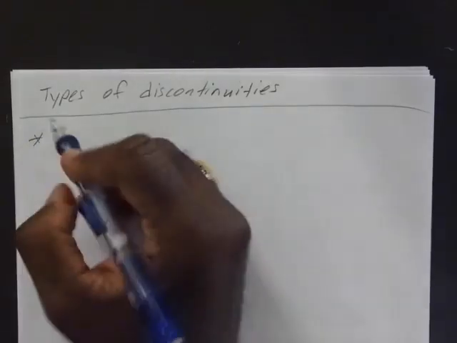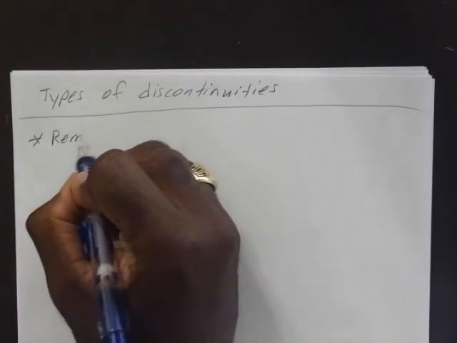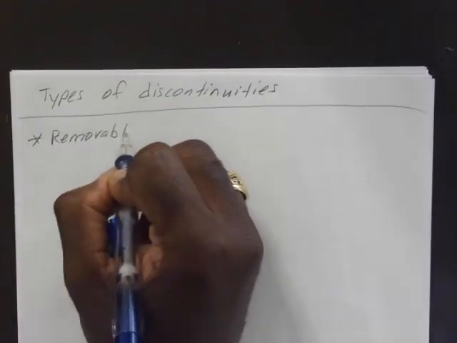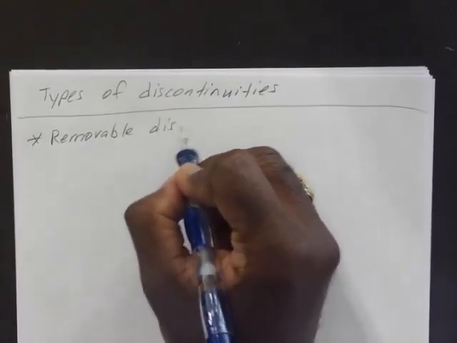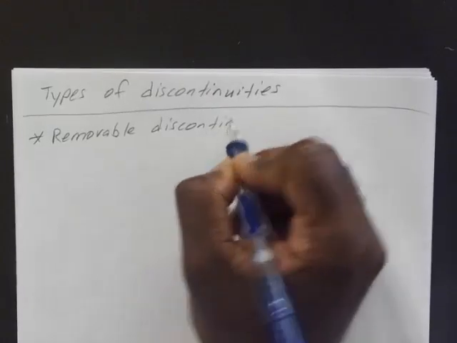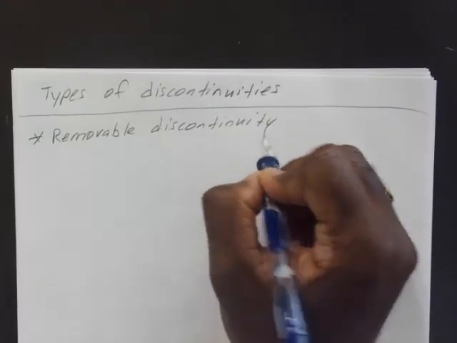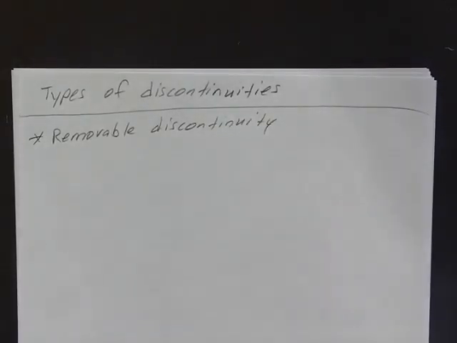Okay. So the first is a removable discontinuity. We kind of looked at that before. We were able to manipulate the function to find the limit. It still wasn't defined at that value, but we were able to find the limit.